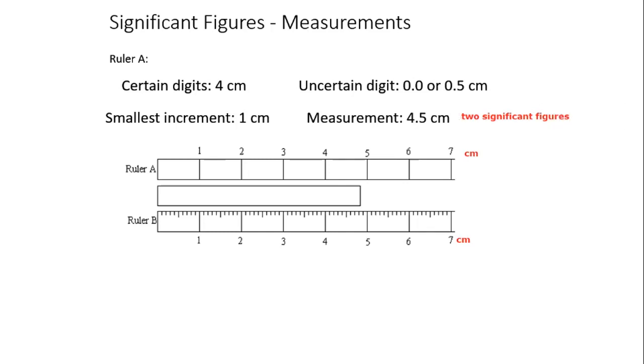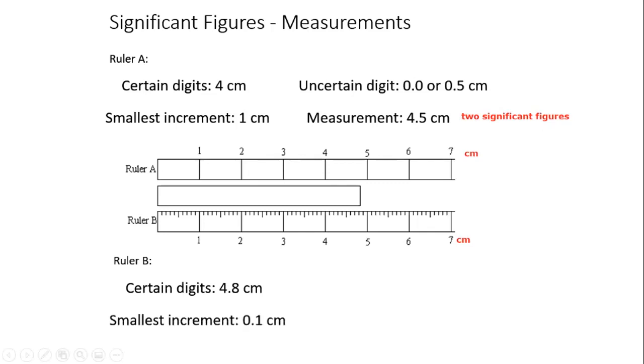Now, if we look at ruler B, we know for certain that it is 4.8 because the smallest increment is 0.1 centimeters. So our uncertain digit is going to be in the hundredth place. And typically, and this is a typo here, it's going to be either a 0 or a 5.